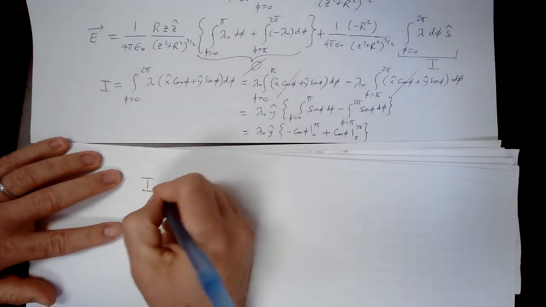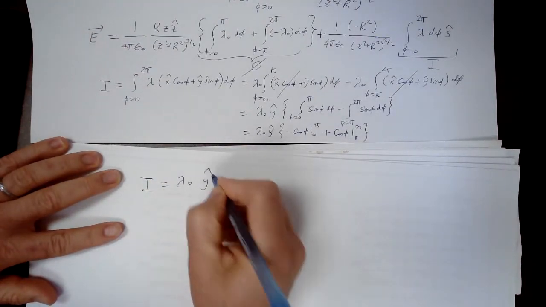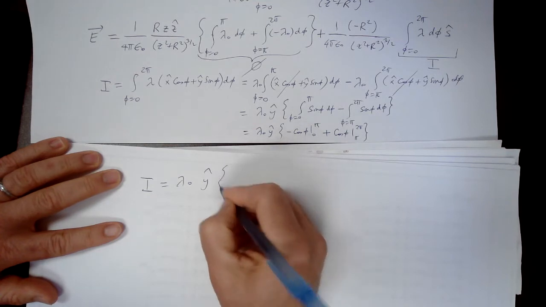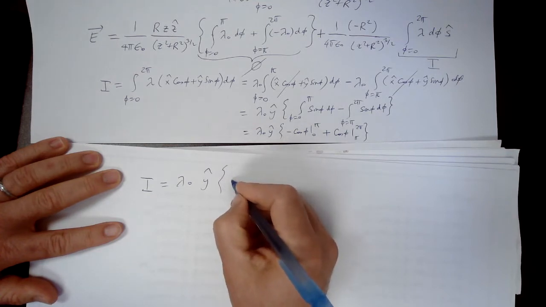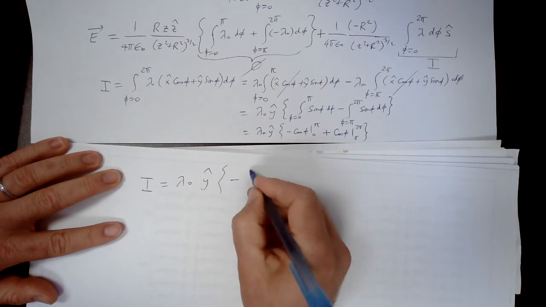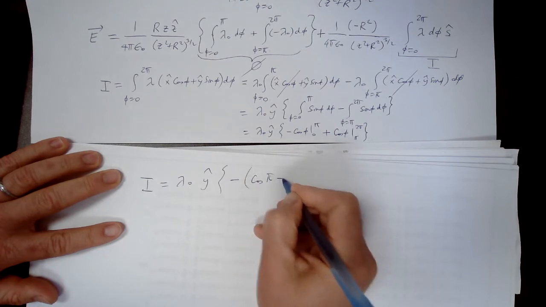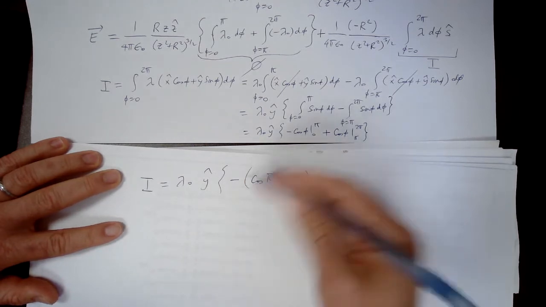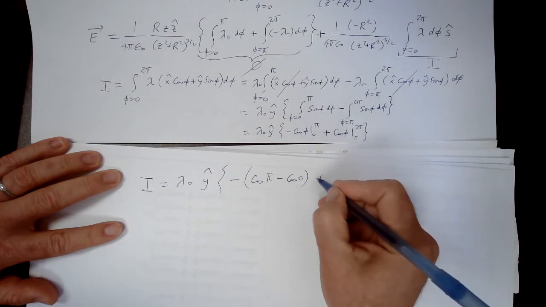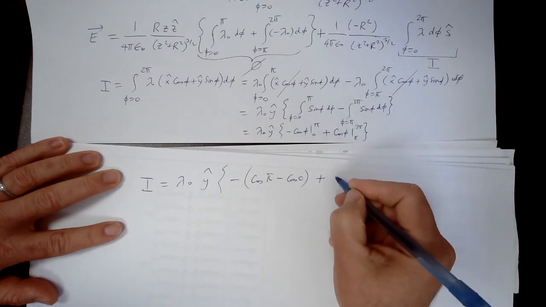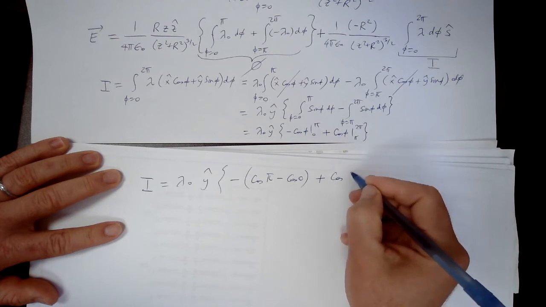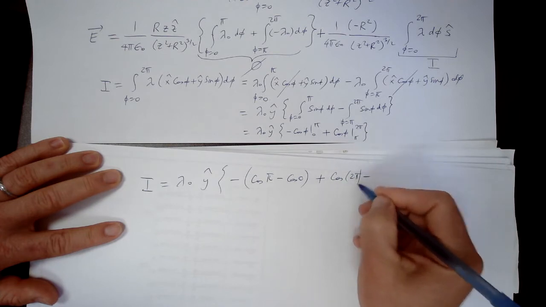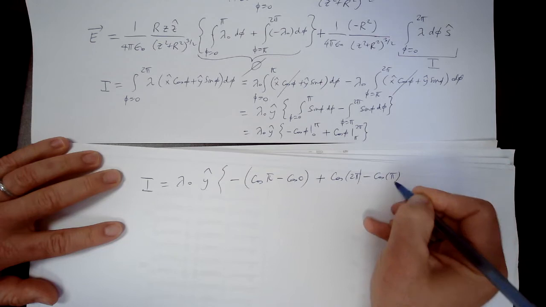So my integral will be lambda naught y hat, minus cosine pi minus cosine 0. I'm just doing it explicitly to show, plus cosine 2 pi minus cosine pi.